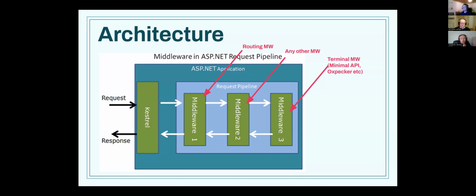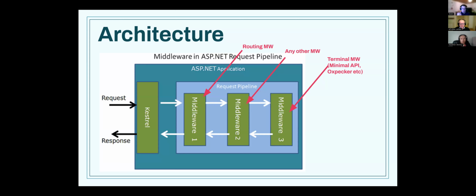And for that, we go back to the architecture view of a standard ASP.NET Core request pipeline. When the request comes in, it goes into the Kestrel server, which constructs the HTTP request object and passes it to the pipeline of middlewares, where one middleware goes first and passes to another middleware and so on until the terminal middleware.